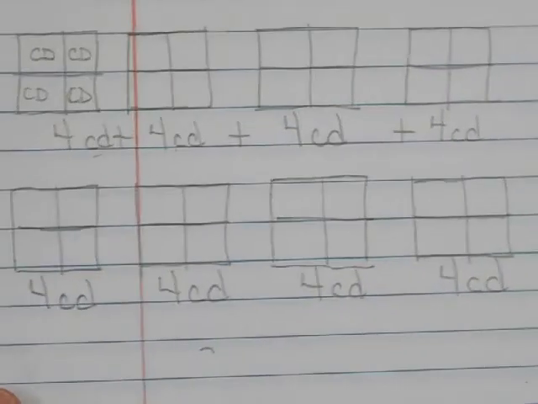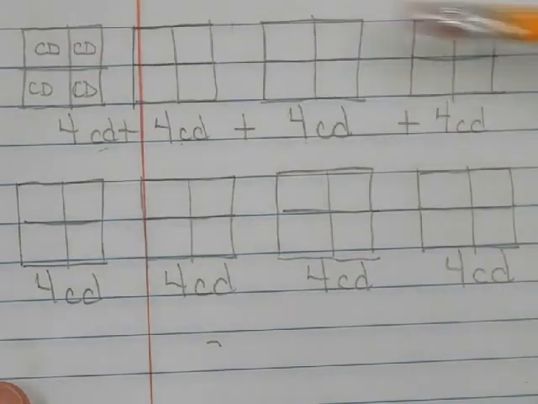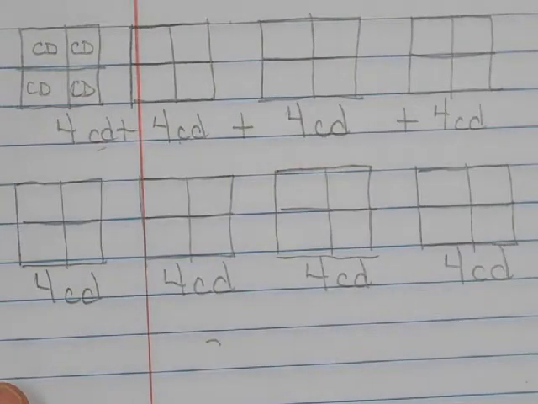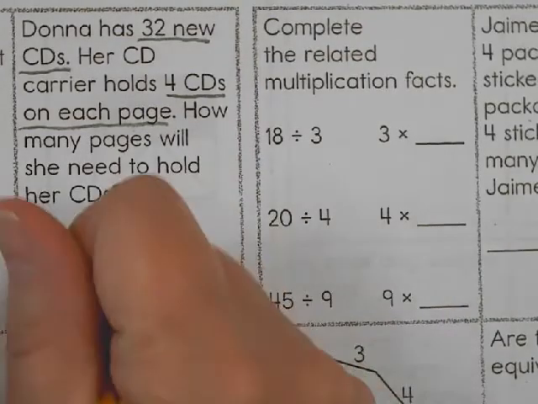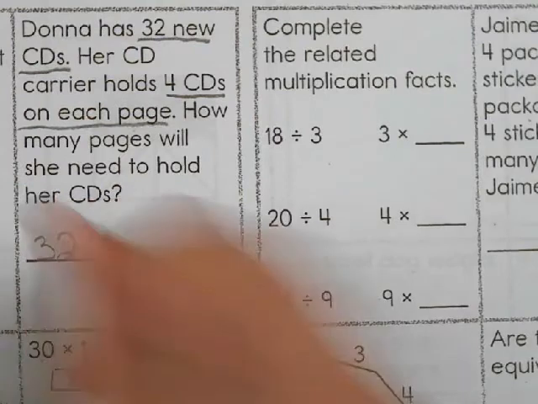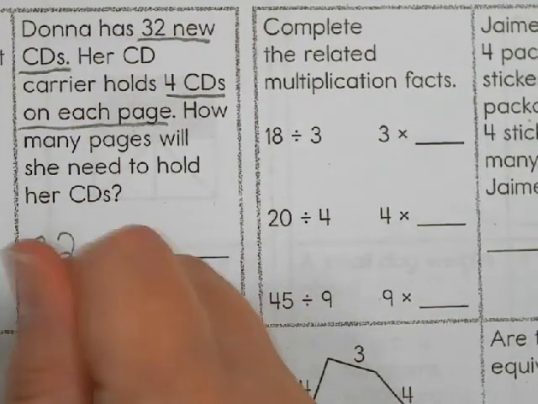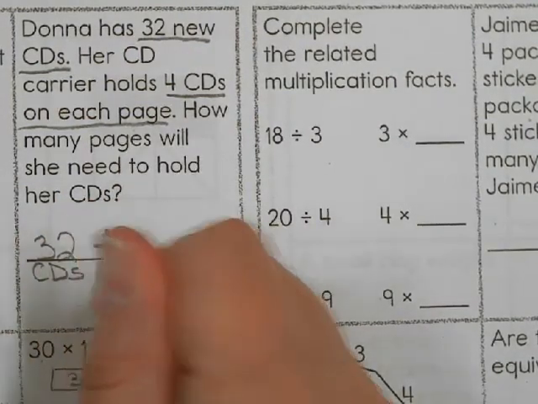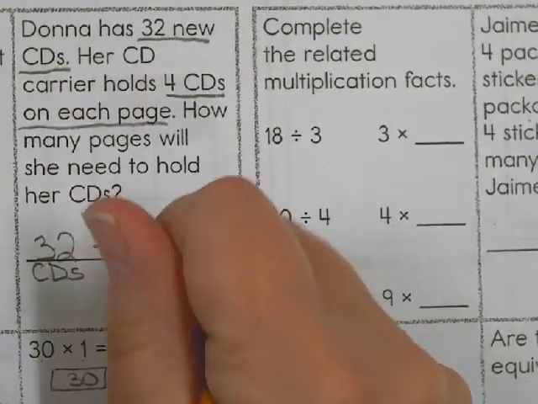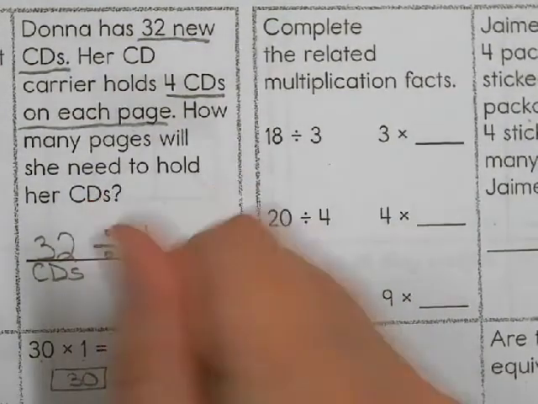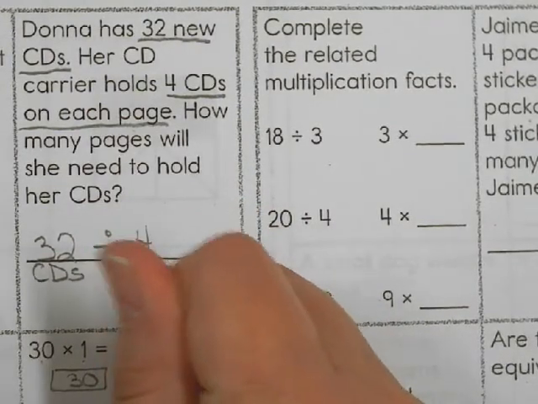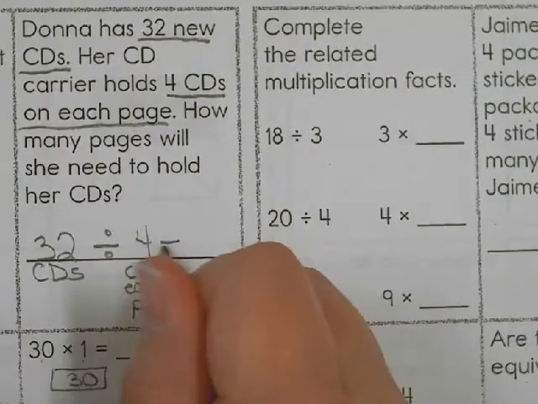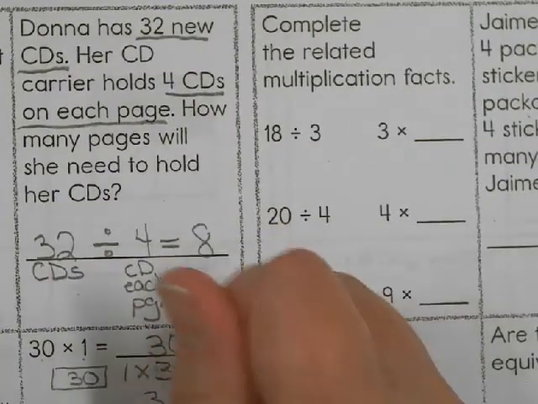So how many pages did she use? She used 1, 2, 3, 4, 5, 6, 7, 8. She used 8 pages for her CDs. So if we took our 32 CDs and we divided them equally with 4 CDs on each page, and I'm just going to abbreviate page here, that would give us 8 pages or 8 groups.